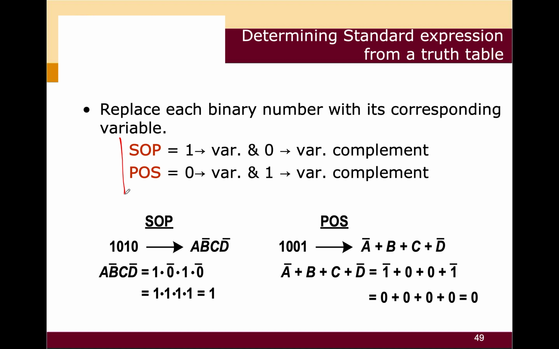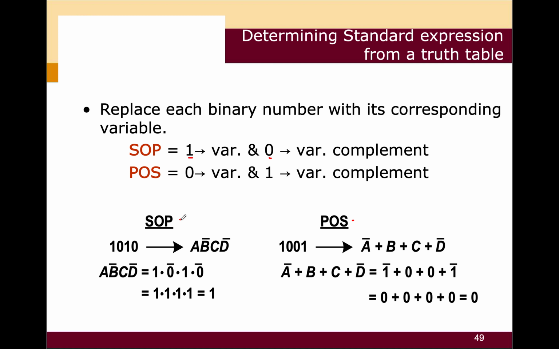Although we basically know SOP and POS, sometimes it's quite hard to go from the Boolean expression to the truth table and from the truth table to the Boolean expression, because there are two forms, SOP and POS. So we need to switch our thinking to figure out which is for what, similar to POS.